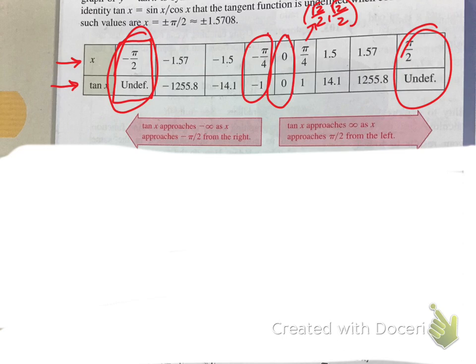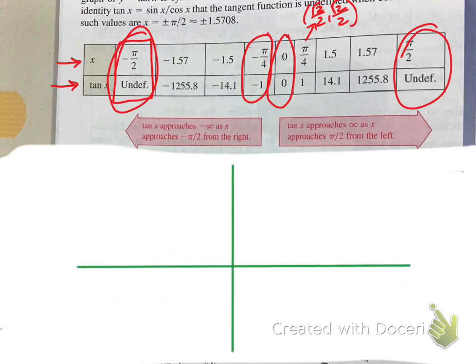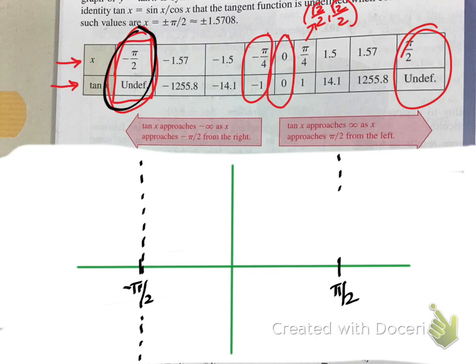So we can build the tangent graph, and we are not as detailed as we are with sine and cosine. We build the tangent graph at negative pi over 2 where we're undefined. We have a vertical asymptote. That's how we show undefined. And at positive pi over 2, we're also undefined, so we have a vertical asymptote.